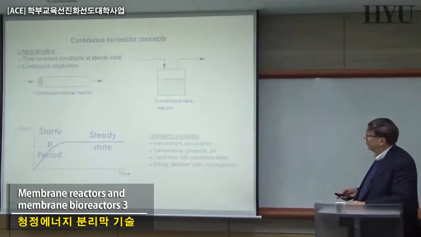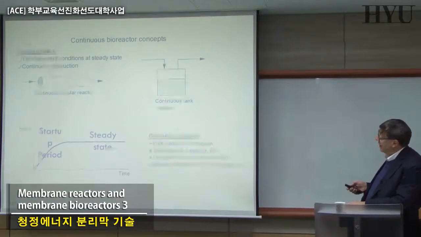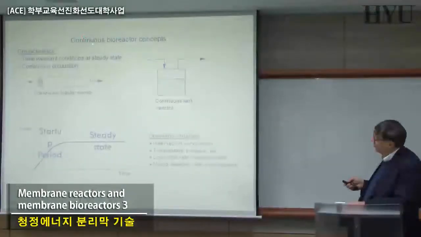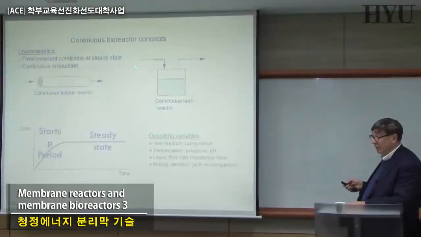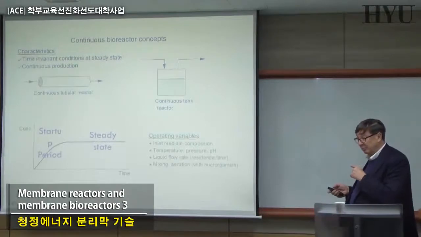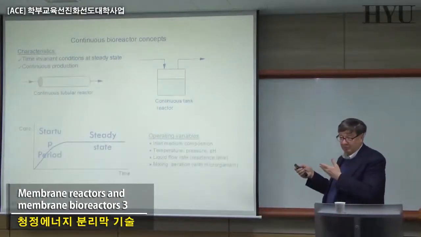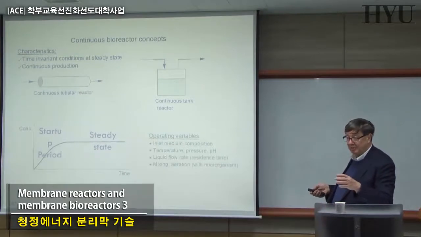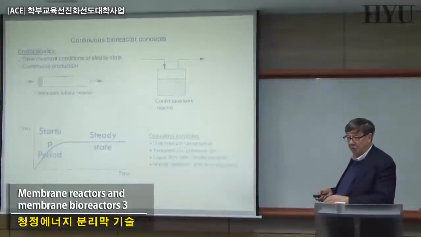All these membrane reactors have the same characteristics as the traditional membrane reactors. I was mentioning already that this is interesting. Most of the fermentation processes, which are part of the story here, are normally batch systems, just batch, not continuous.